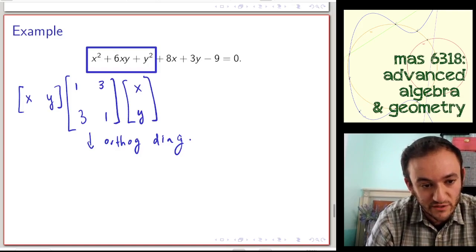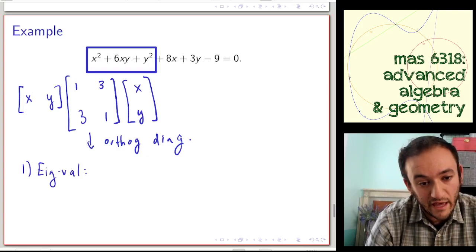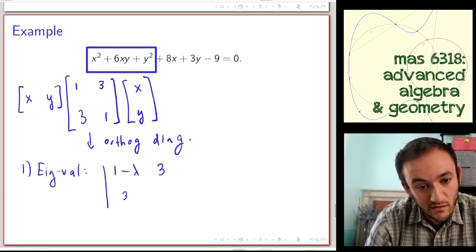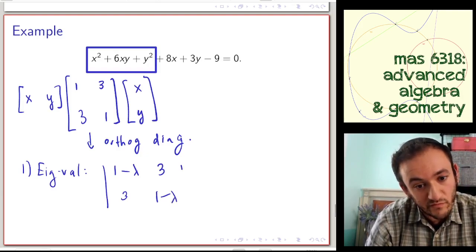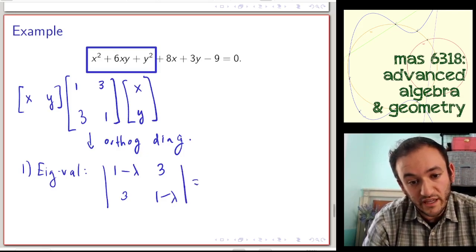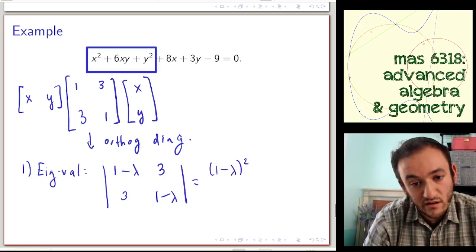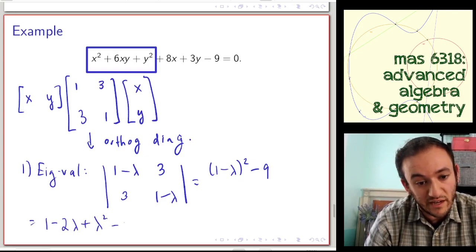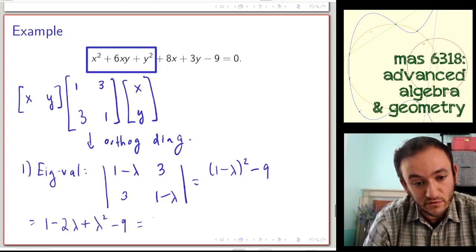So the first thing we do is an eigenvalue computation. We compute that by computing the determinant of this matrix minus lambda times the identity. And we get 1 minus lambda squared minus 9, which is 1 minus 2 lambda plus lambda squared minus 9, which is equal to lambda squared minus 2 lambda minus 8.